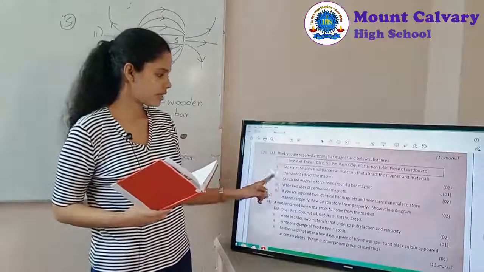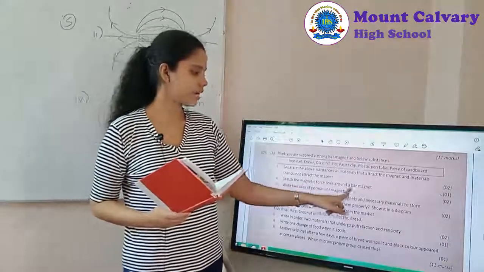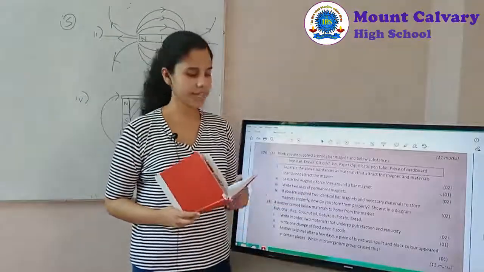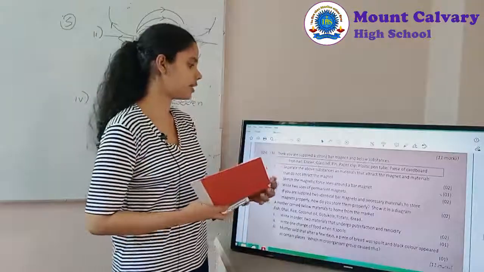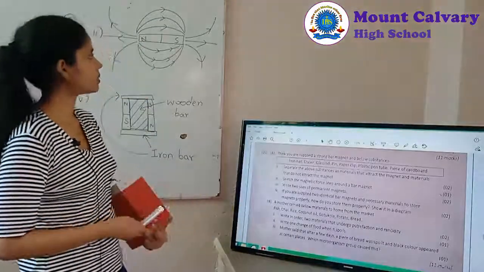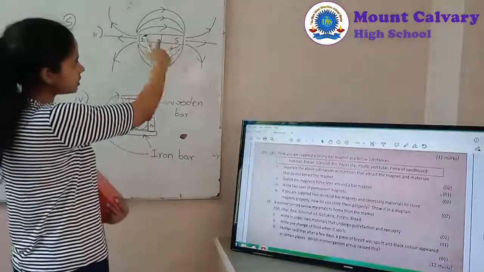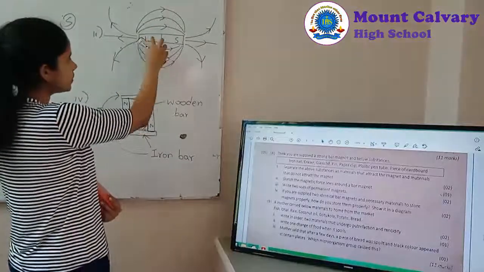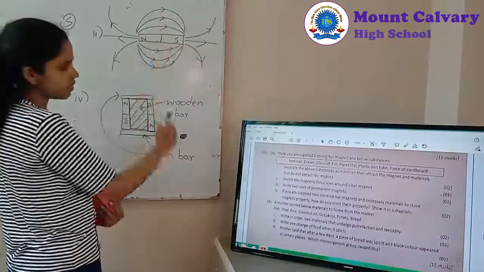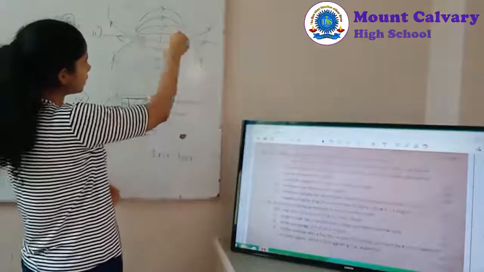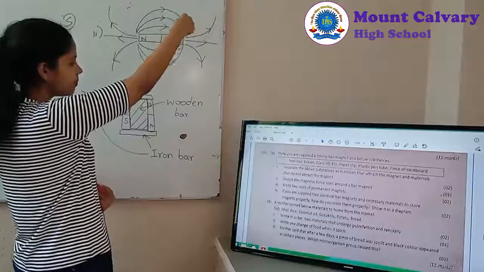Then second question, sketch the magnetic force lines around a bar magnet. Now if you take a bar magnet, there is a magnetic force or magnetic field around the bar magnet. Now if you take the diagram, this is how you should draw it. You should label it as north and south poles, and you should draw the magnetic field around the bar magnet.